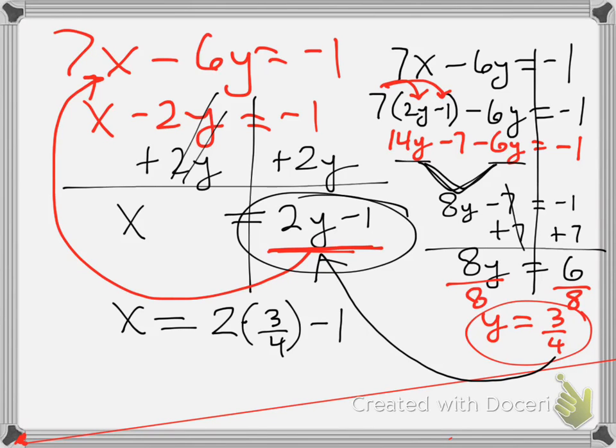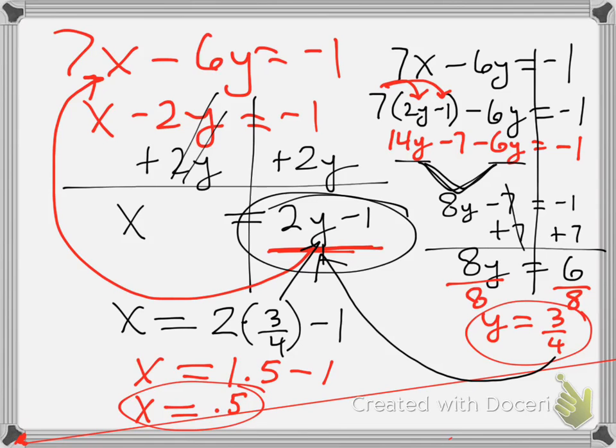So we just took this equation, replaced the y with 3/4. So 3/4 twice, 2 times 3/4 is the same as 1 1/2. 1 1/2 minus 1 is what x is, so x equals 0.5.